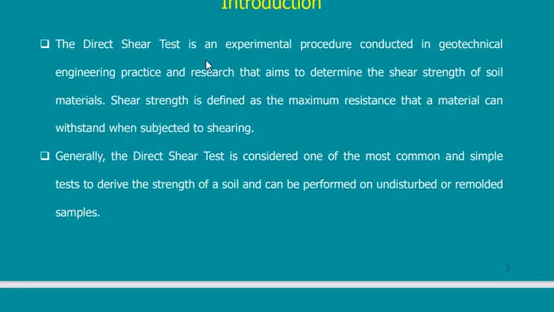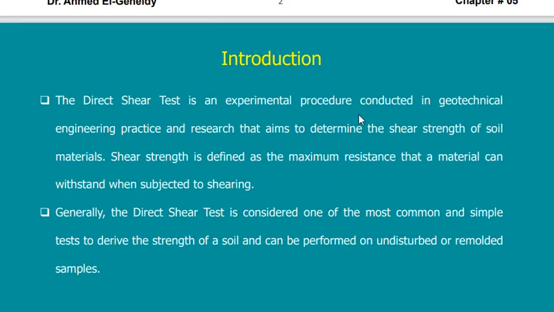So, the direct shear test is an experimental procedure conducted in geotechnical engineering practice and research that aims to determine the shear strength of soil material. Shear strength is defined as the maximum resistance that the material can withstand when subjected to shearing. So, using this test, I will get the maximum that the soil can carry.